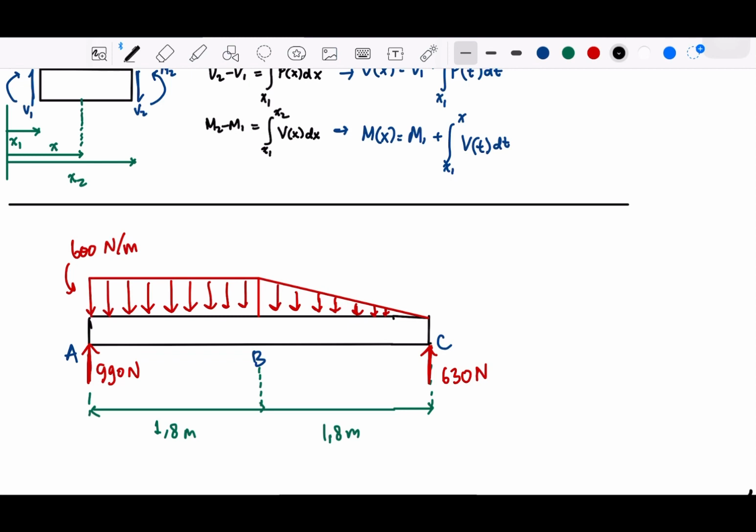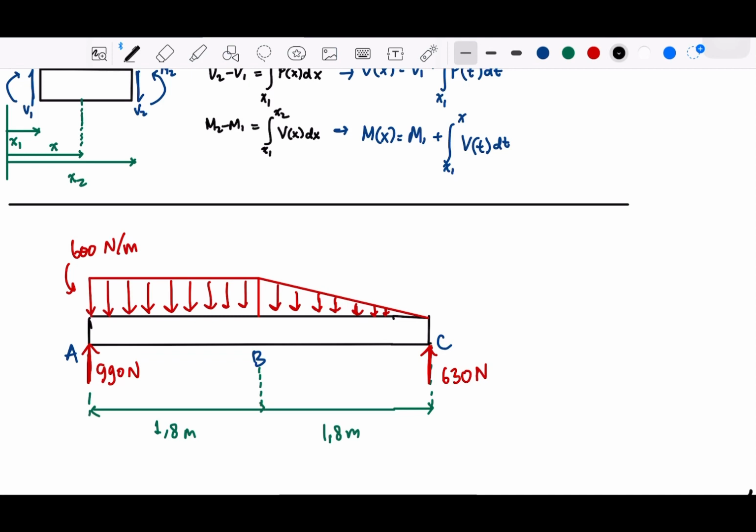Oh, it's supposed to be already here. Yeah, this is from another example. So this 990 and 630 is actually unknown yet. You can find them first using equilibrium, and you get 990 and 630, using the 600 Newton per meter for the distributed load. So the original question is without this.